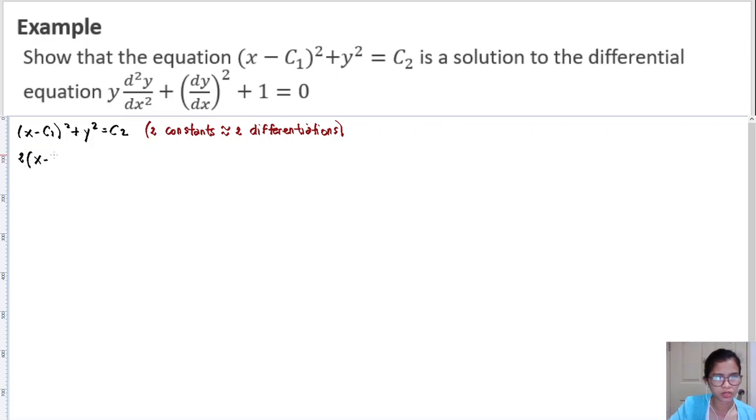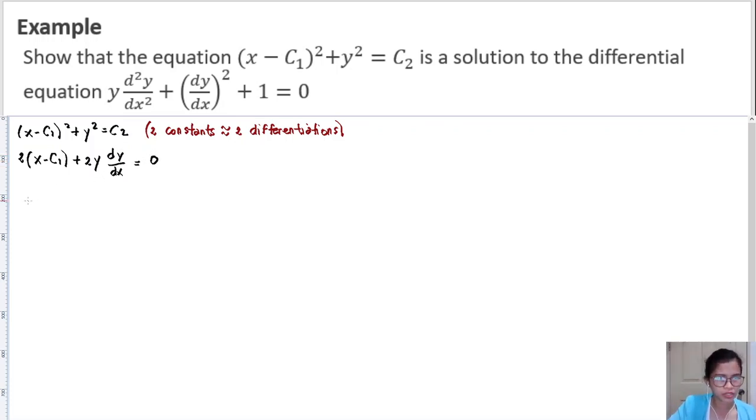So the derivative of that would be 2 times (x minus c1) plus 2y times the derivative of y, which is dy over dx, equals the derivative of c2, and the derivative of a constant is 0.